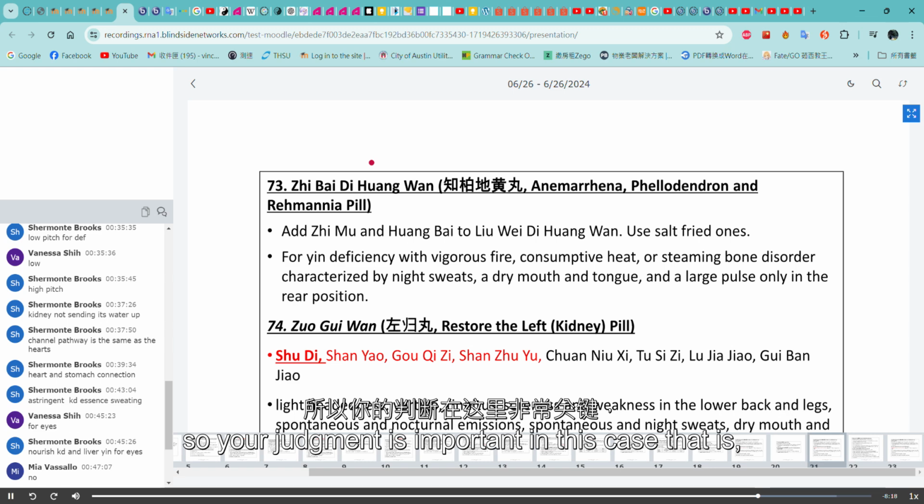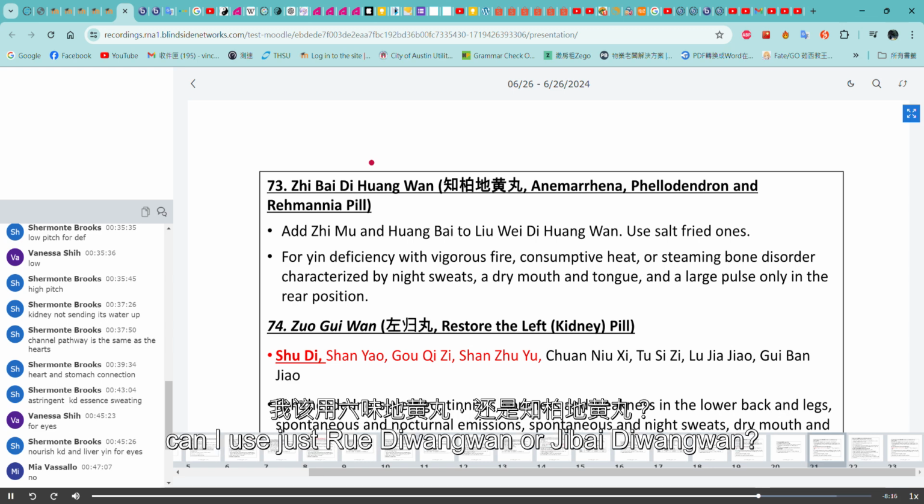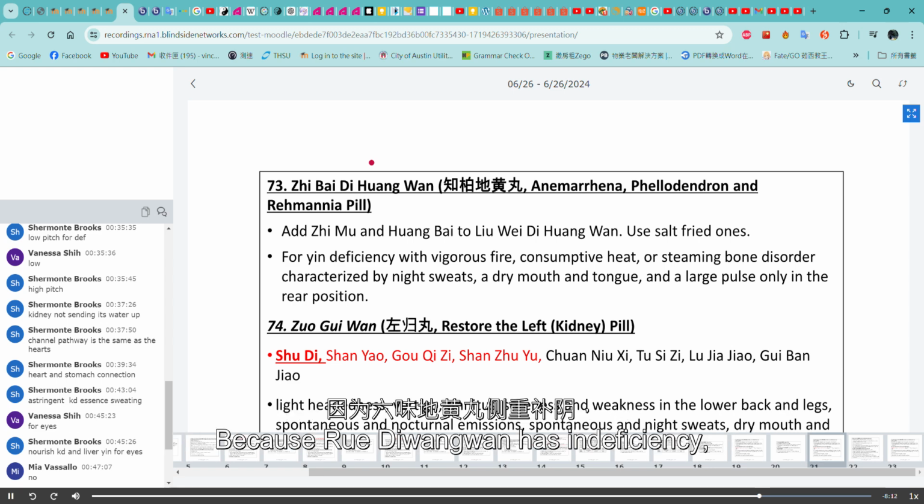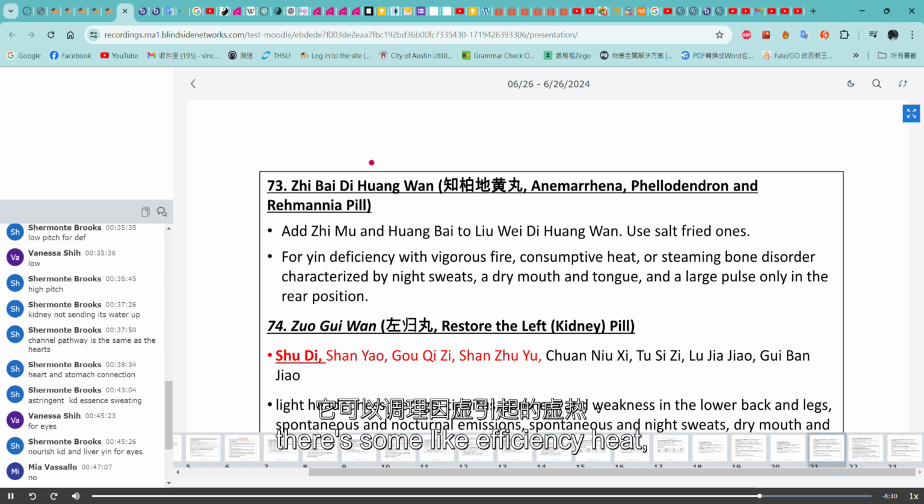That is, can I use just Liu Wei Di Huang Wan or Zhi Bai Di Huang Wan? Because Liu Wei Di Huang Wan addresses yin deficiency, there's some deficiency heat, but that heat is resolved just by nourishing more yin. You don't really have to clear heat, so we use Liu Wei Di Huang Wan. Whereas sometimes patients have yin deficiency, but the heat is a more excess condition.